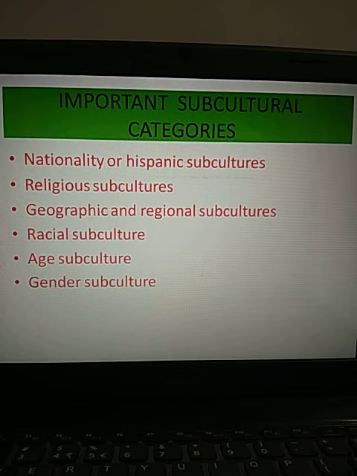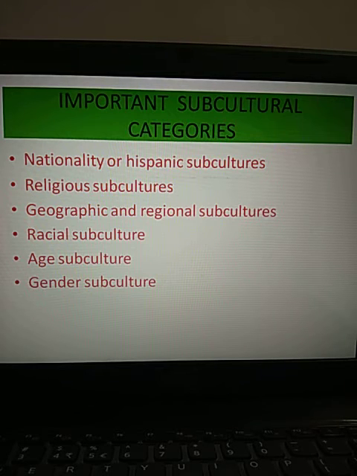Now we are going to discuss important subcultural categories, the very first one being nationality or Hispanic subcultures. Let us take the powerful nation on earth, USA, United States of America. The people who are born in the USA become the nationals of that country. But if people from other countries have migrated to the USA and settled down there, they become Hispanics.